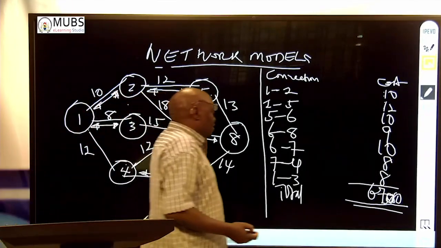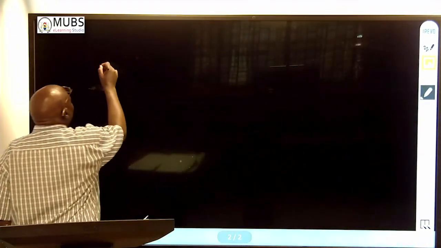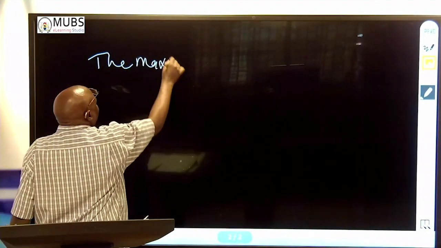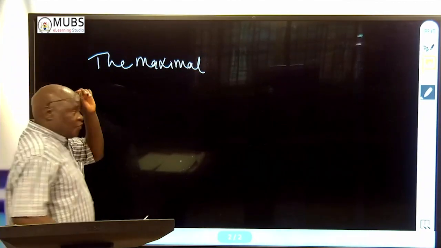Technique number 2 is the maximum flow technique.